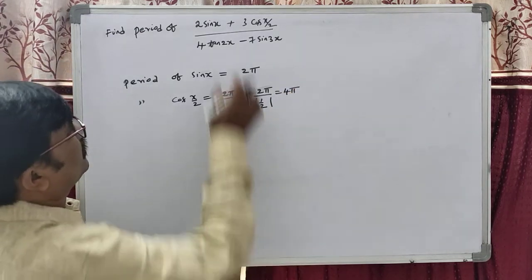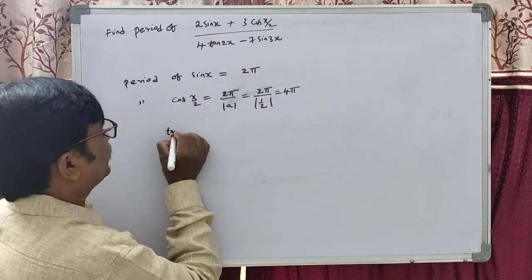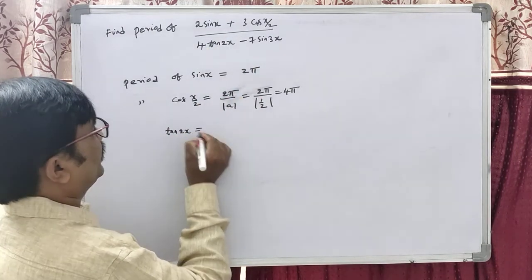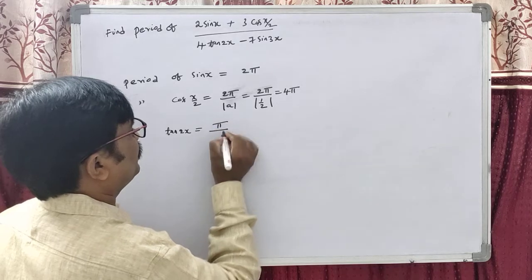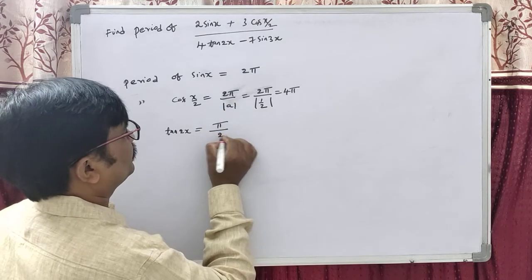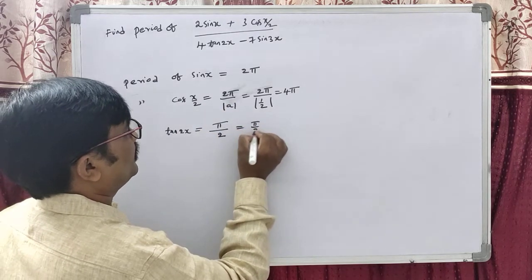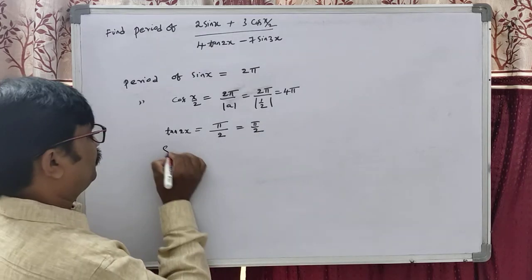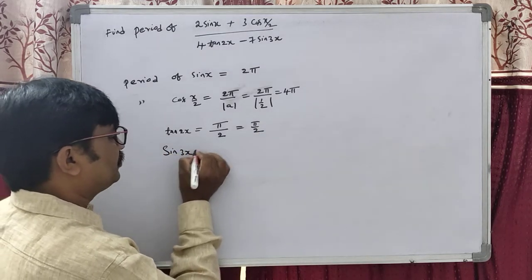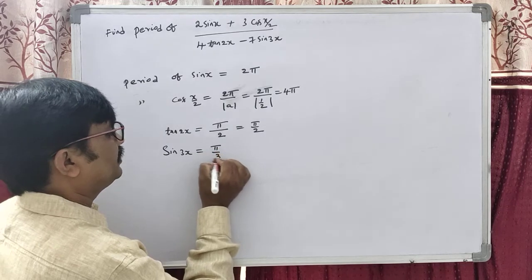Now students, the period of tan of 2x is pi by modulus of a, that is pi by 2. The period of sin of 3x is 2 pi by 3.